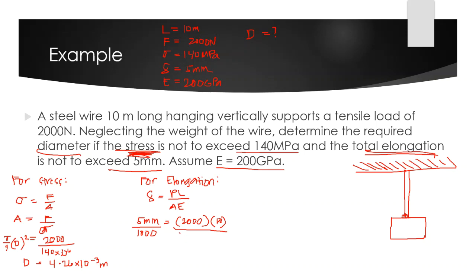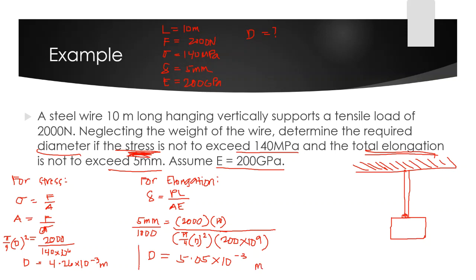P is 2000, L is 10. For the area, we also have pi over 4 d squared, times our E, which is 200 times 10 raised to 9 Pascal. So d here is just equivalent to 5.05 times 10 raised to negative 3 meter.